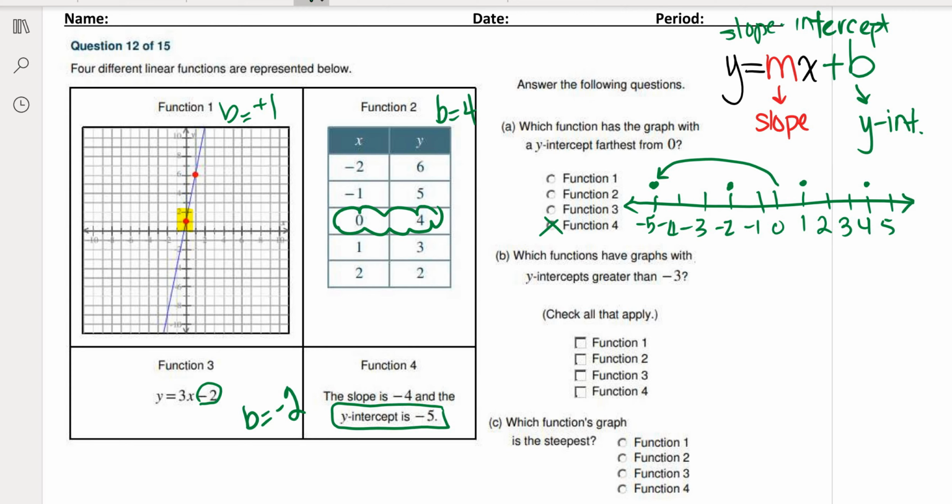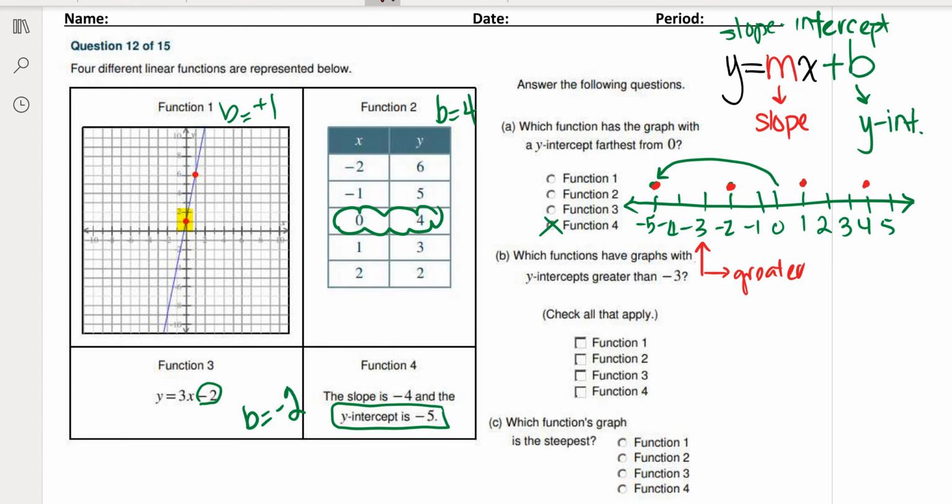Which function has graphs with y-intercepts greater than negative 3? So again, I'm looking for all those points that I put the dots above the numbers here. We have negative 5, negative 2, 1, and 4. It says all the numbers greater than negative 3. Okay, so here's negative 3. All the numbers to the right are greater.